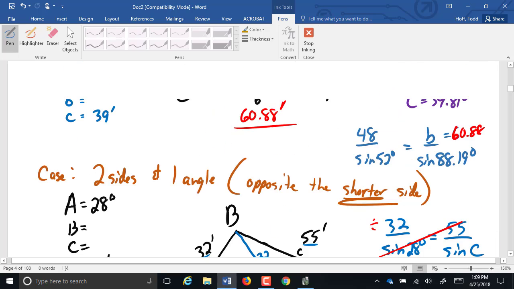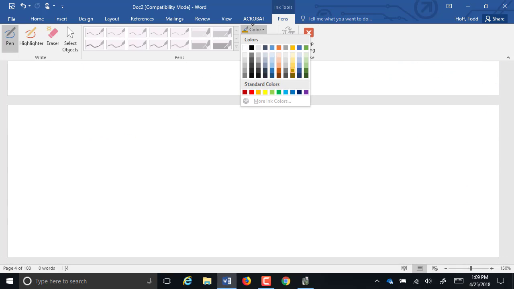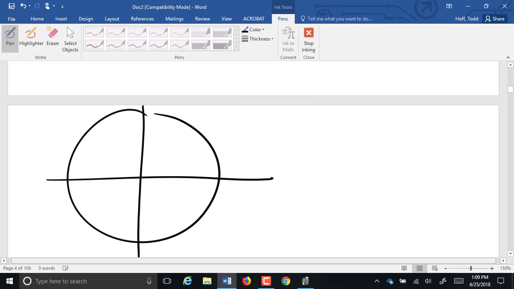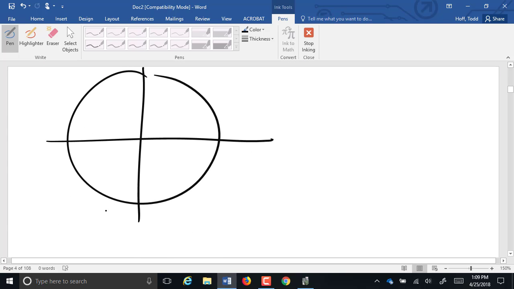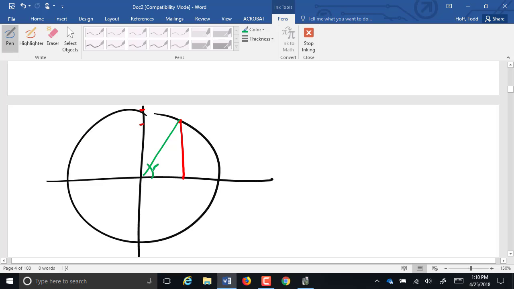However, this is where we have to refer back to that unit circle once again. Remember when we did that unit circle, that sine of 0.8069, this is 1 here, so 0.8069 is probably somewhere in here. There's that sine right there. This has given us that angle of 53.79 degrees.